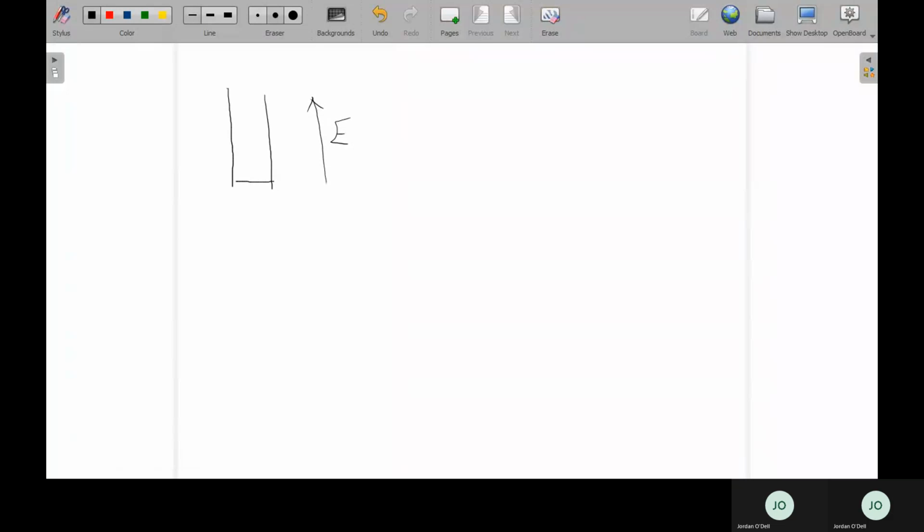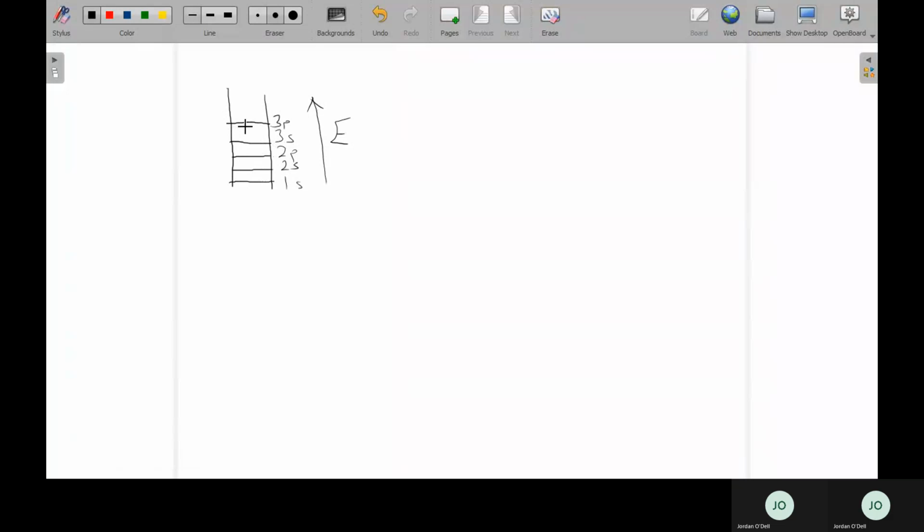So our first energy level, our lowest energy level, is going to be my 1s shell. Our second lowest is going to be my 2s shell. We know that the second energy level also has a p shell. So from there, we're going to move up to our 3s, and then we're going to have our 3p.